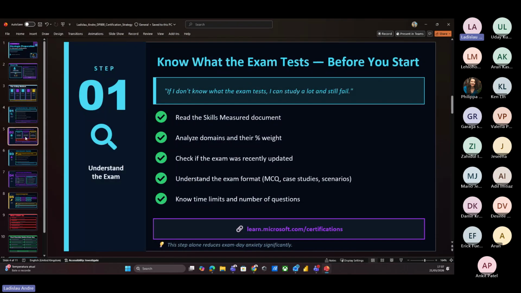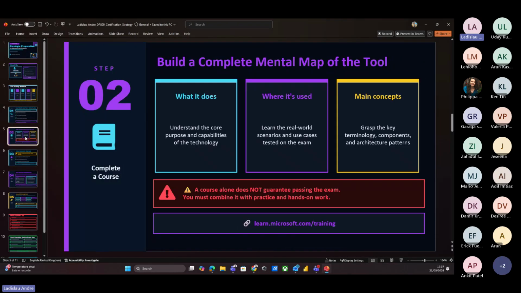This is the first point. And then on the second point, I try to have a complete overview of the tool, of the concepts of the exam, a complete mental map, or sometimes I find a course. And in this time, I really do a deep search, trying to find the best content out there.